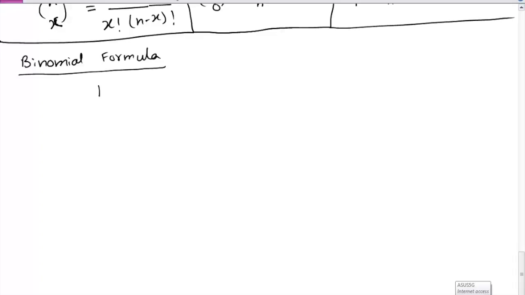So to find the probability of x equals some value x, you can use nCx times p to the power of x times (1 minus p) to the power of n minus x.